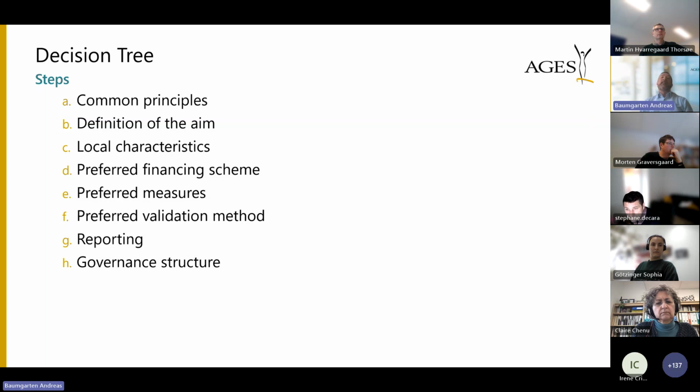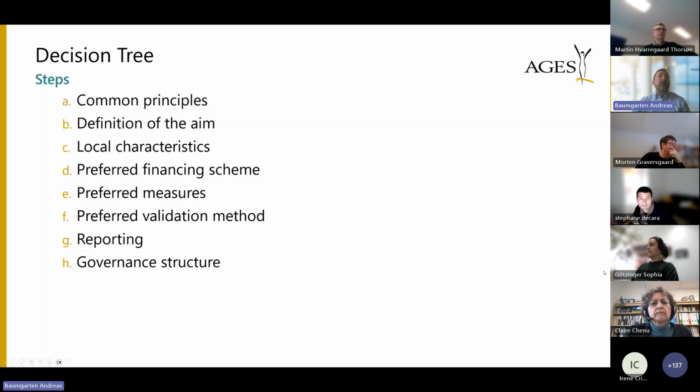We have to define the aim. So Irene has been discussing the question of the baseline. And so this is also very important, because you have to consider also people that have been doing some important work already with respect to carbon sequestration. So what to do about these? So they should be considered as well to some extent.